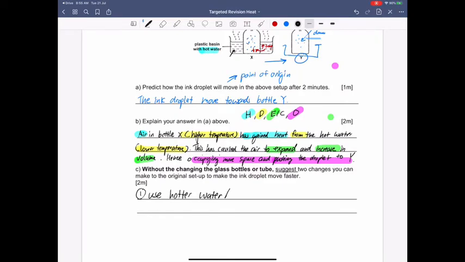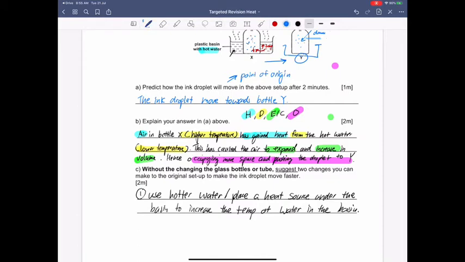Or you could say place a heat source under the basin to increase the temperature of water in the basin. So it has to be a method. It cannot just be a very general sweeping statement and just go, oh, increase temperature of hot water.